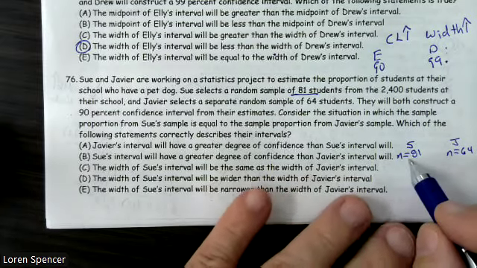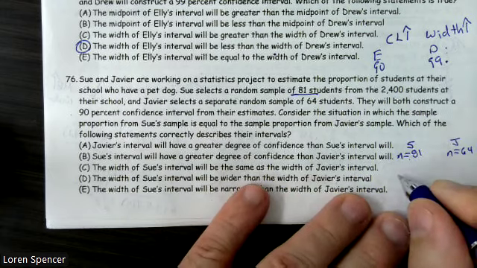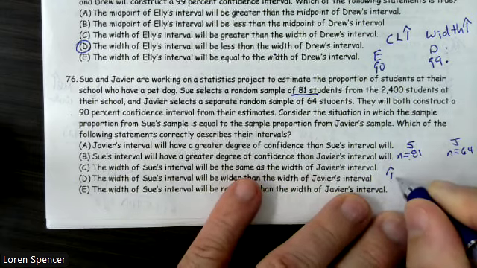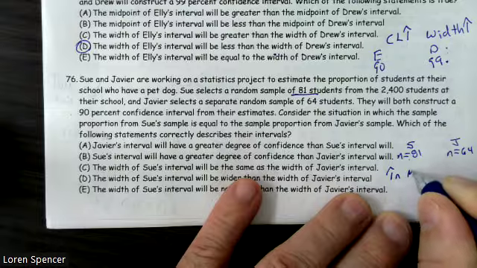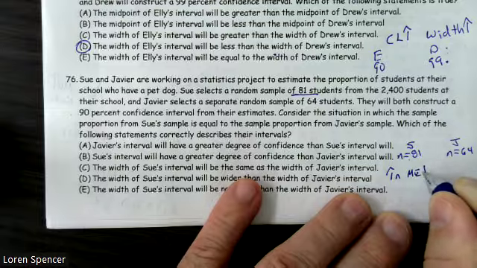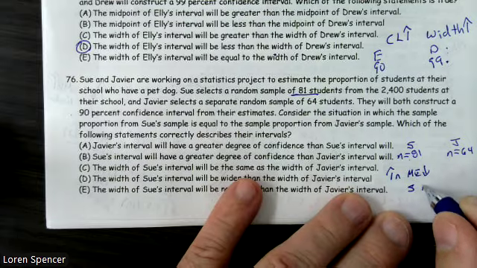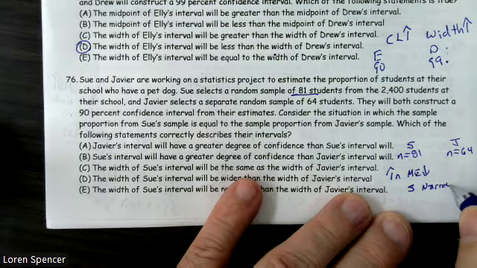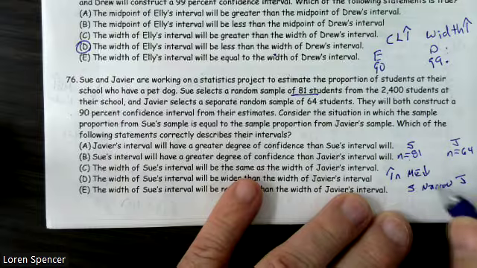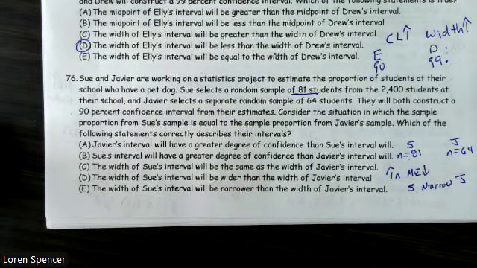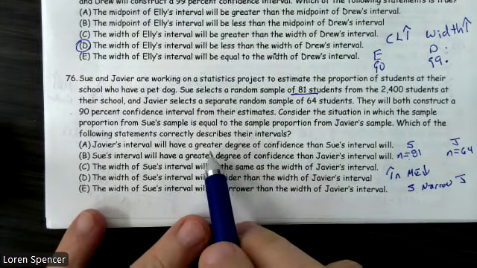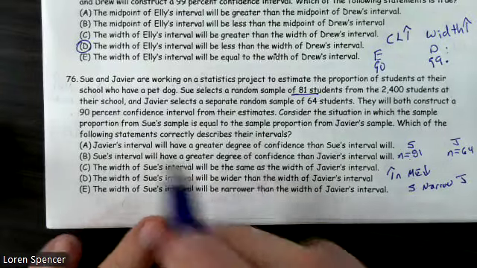Well, I know that as sample size goes up, margin of error goes down. So Sue's is narrower than Javi's, or Javi's is larger than Sue's. Javier's interval will have a greater degree of confidence.